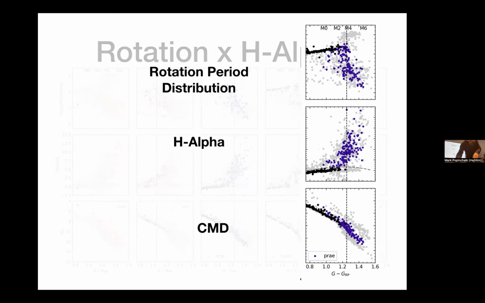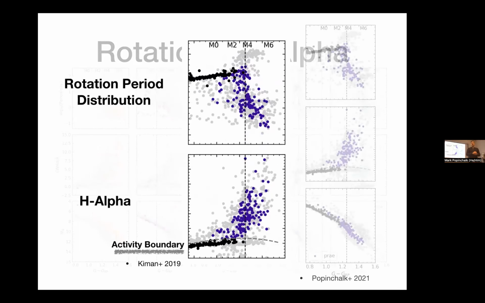To explain the colors: in the H alpha plot, we've drawn this activity boundary that again came from Praesepe's paper, looking at the activity from all those SDSS spectra. This boundary defines that objects above it can be considered active M dwarfs and objects below it are inactive. I've color coded the points so that the ones above the boundary bear the color of that group, roughly color coded by age, and the black points are those that are inactive.